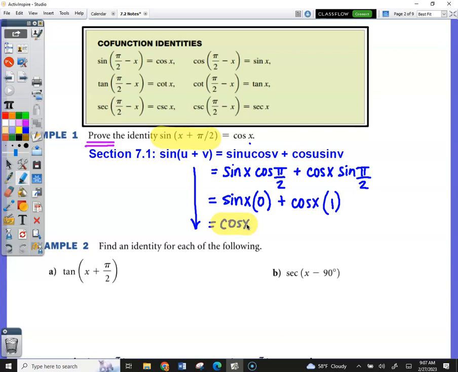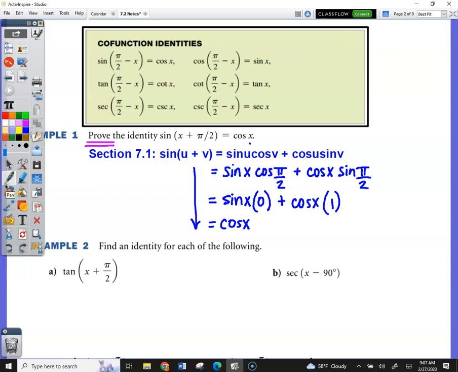If you look at your formula sheet that you just got, it's towards the bottom. Look at the Cofunction Identities section, and it's the very first one. We just proved that. So this slide here is an inadvertent way of deriving these formulas to show you how they came about, okay? Now we're going to repeat with tangent of some angle plus pi over 2.